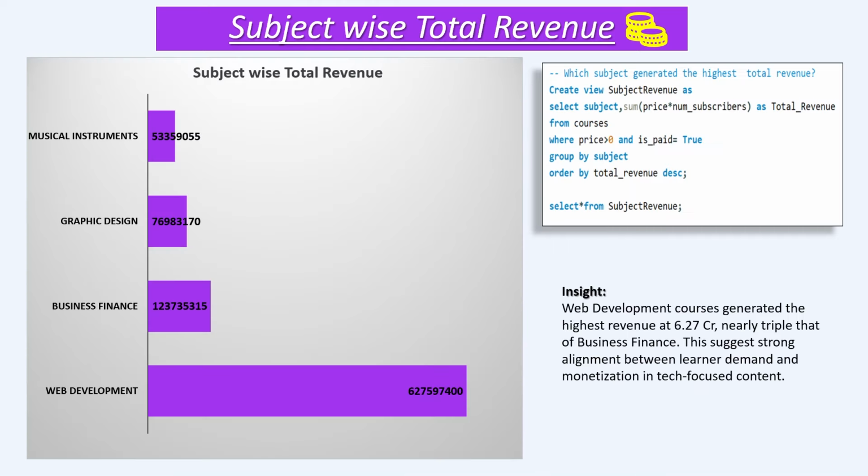Now we will go to our first slide, where I am solving the subject-wise revenue analysis. In terms of revenue, web development was the top performing subject, bringing in 6.27 crore. That's nearly triple the revenue of business and finance. To calculate this, I used a view called subject_revenue to reuse in multiple analyses like course level revenue and engagement by level.